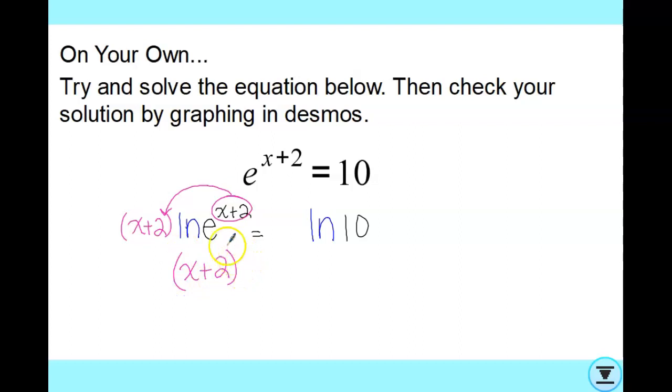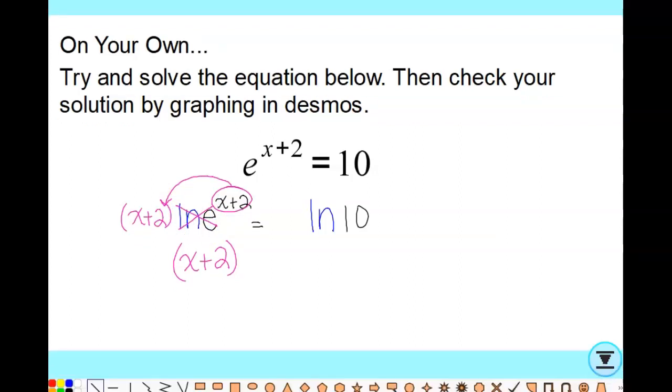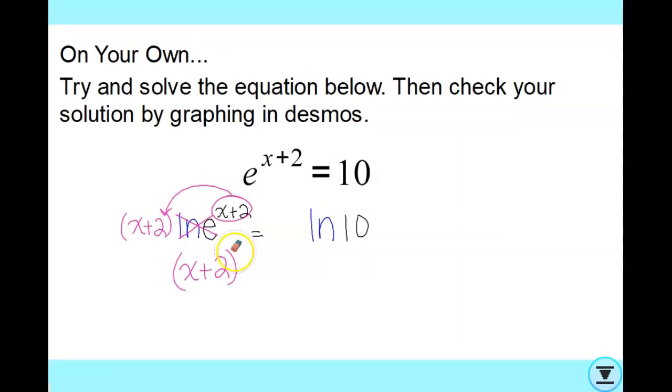And remember, ln of e is the same thing as 1. So really, on this side, we just have x plus 2. And we don't need these parentheses. And on the other side, we just have ln of 10.